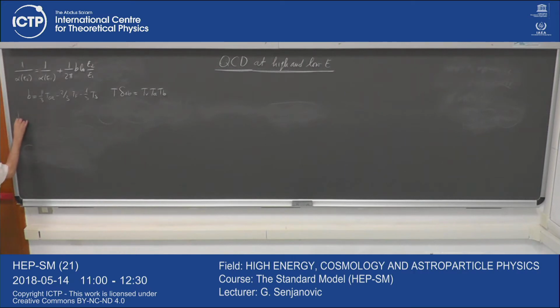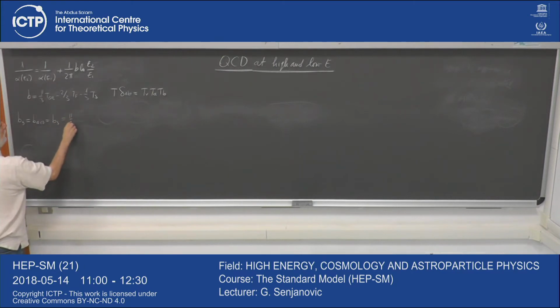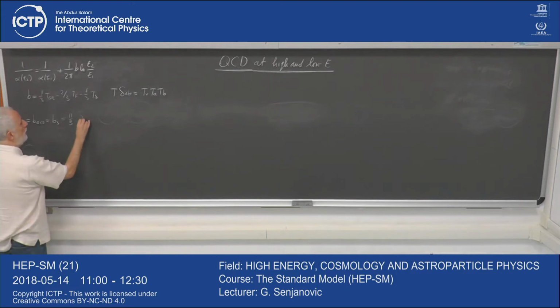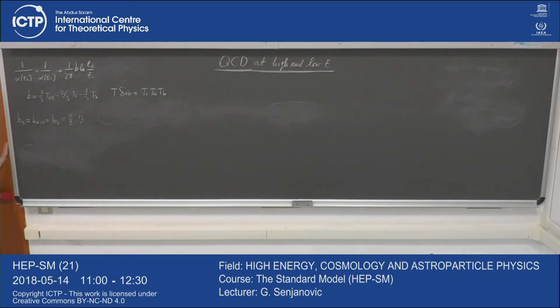So, in particular QCD, B3 for SU3, or sometimes B QCD, or sometimes B strong, we said must be 11/3. We computed this T of G, we proved by induction that it's N for SU(N). But if that proof escaped you, we can do this by inspection.